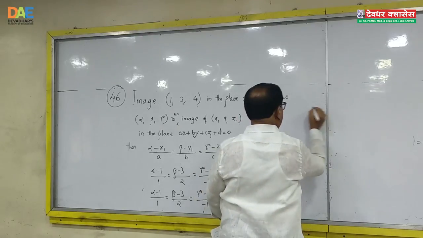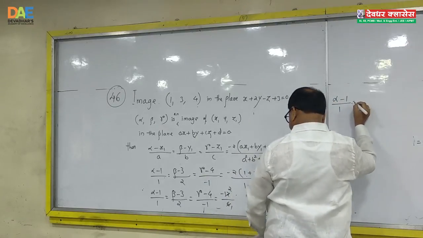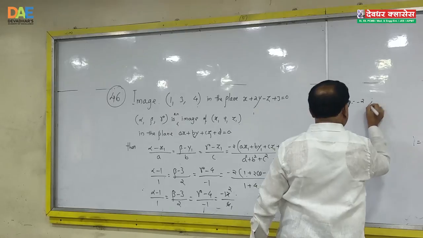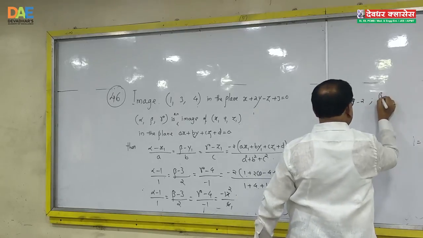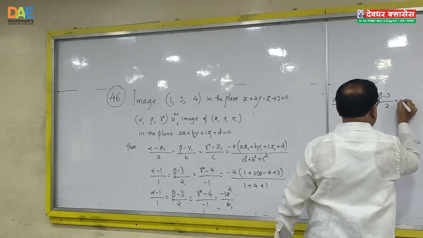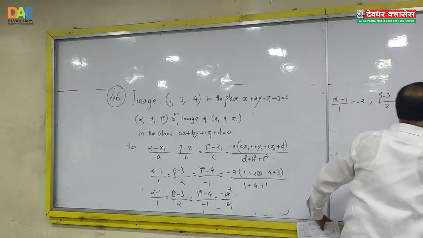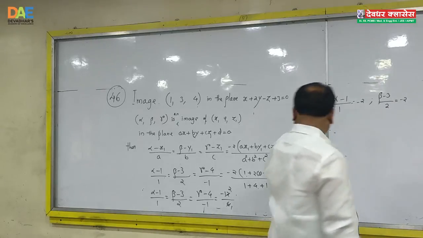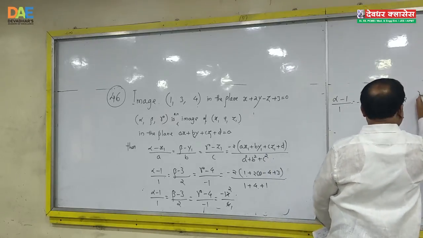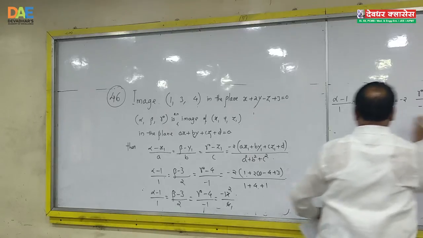Therefore, (alpha minus 1) upon 1 is equal to minus 2. (Beta minus 3) upon 2 is equal to minus 2. And (gamma minus 4) upon minus 1 is equal to minus 2.